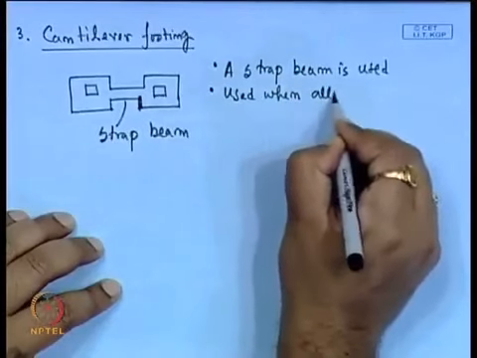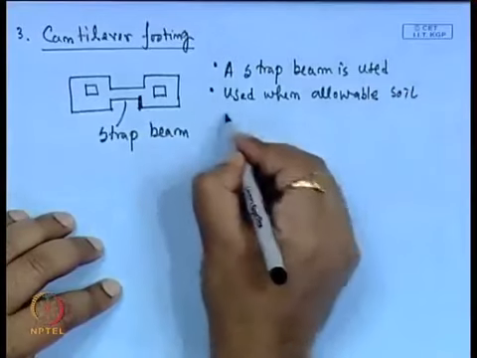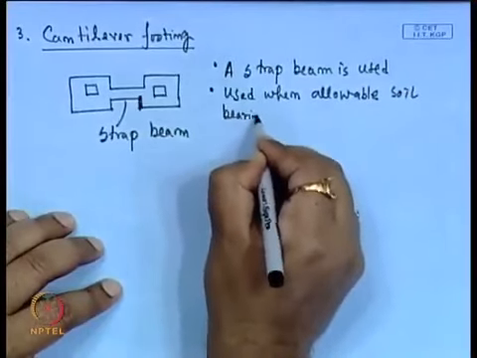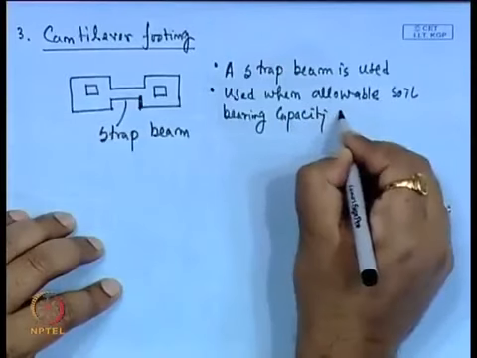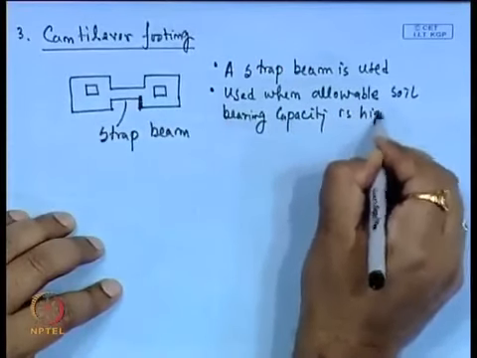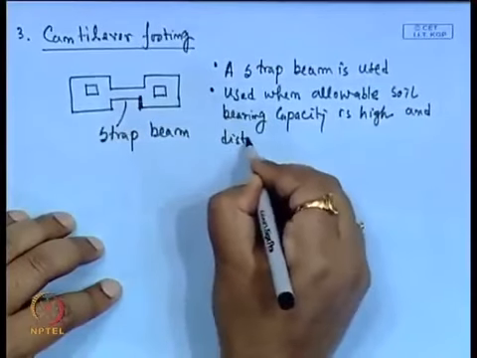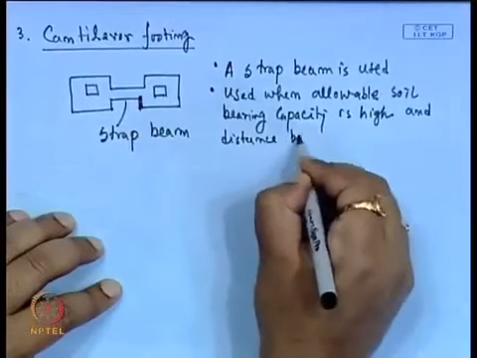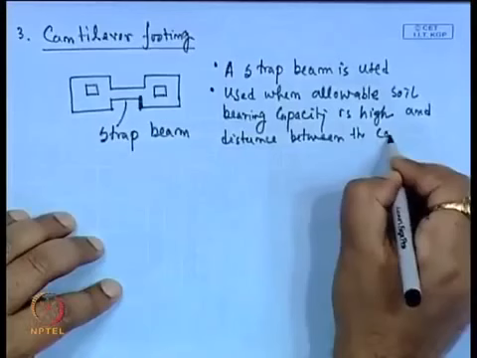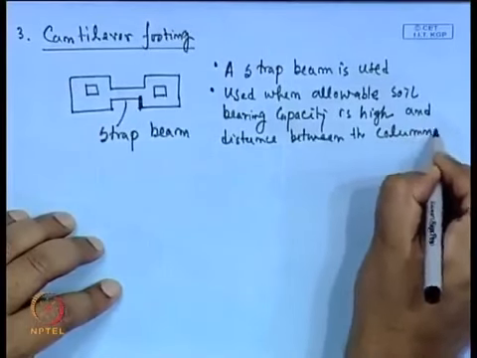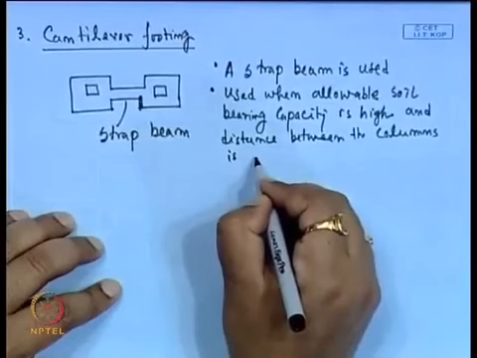Then second one is, it is used when the allowable soil bearing capacity is high and the distance between the columns is large.